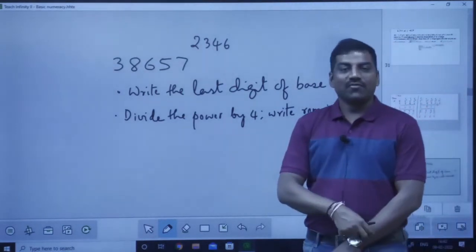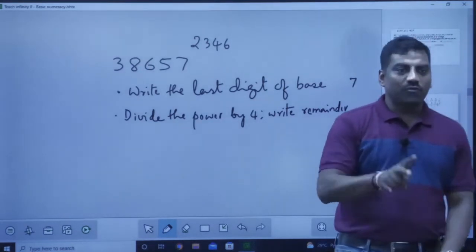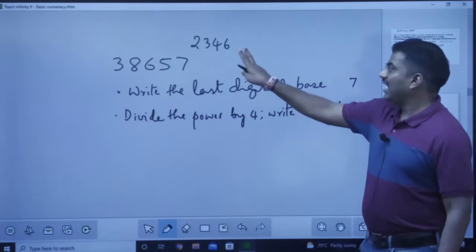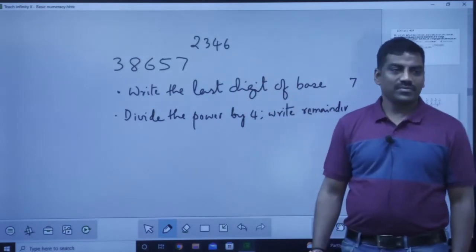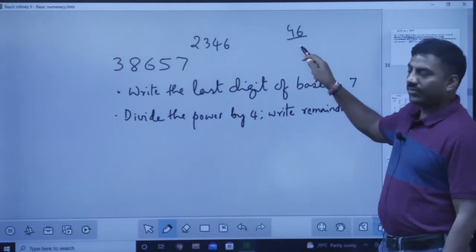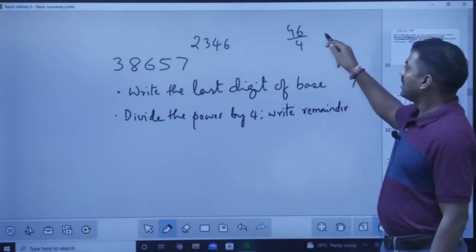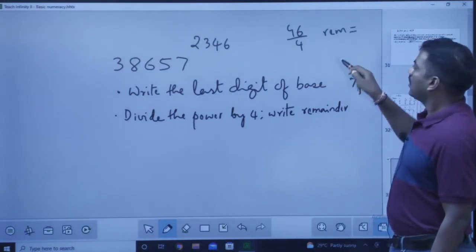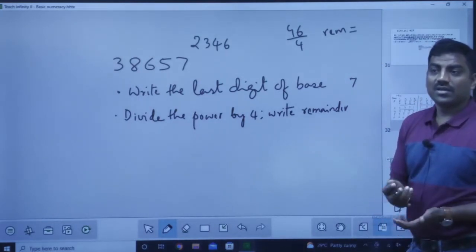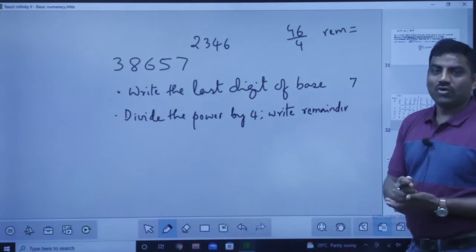While we are finding the divisibility by 4, we are focusing on only the last 2 digits, right? Take 46 and divide. What is the remainder? 4 ones are 4.